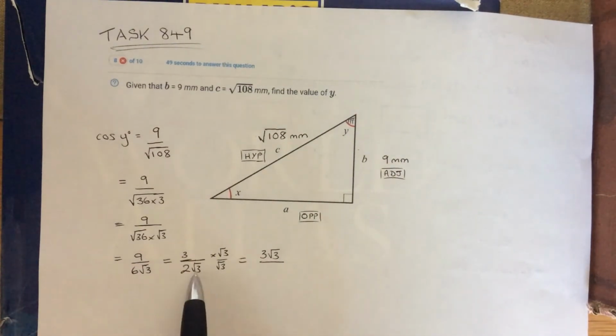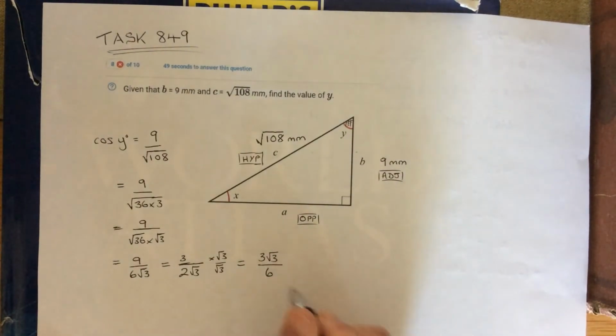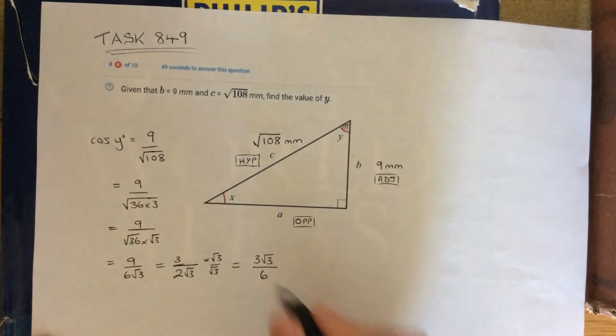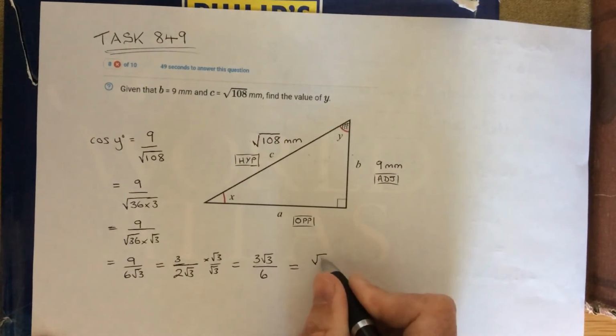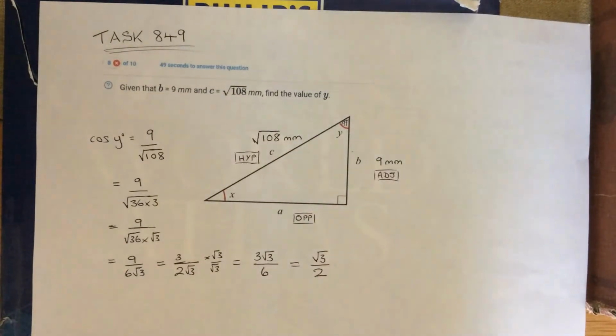Root 3 times root 3 is 3, but don't forget the 2 times by 2, you're going to get 6. Okay, right, then I've got 3 over 6. So essentially I've got root 3, a single root 3 over 2. Right, so that is an exact trig value.